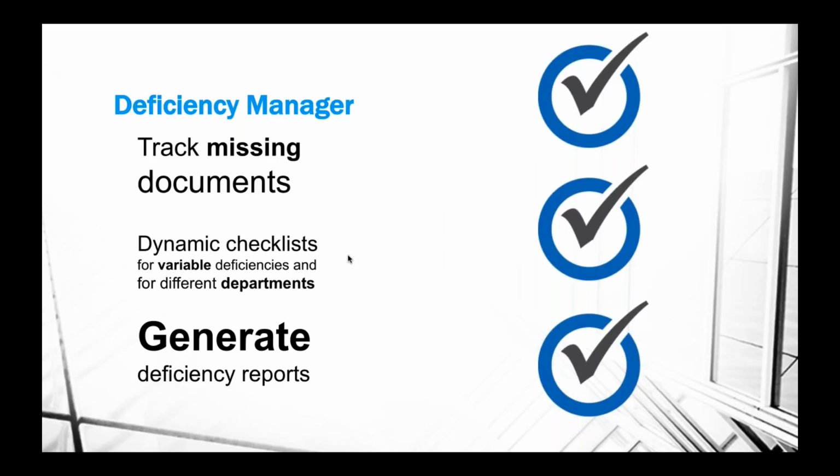Just like you would export a result list to CSV in the web client, you can do a deficiency list in the Deficiency Manager now, and that, of course, can be shared with other users so that they can get a master list of everything that's deficient. So very cool additional features that have been added to the Deficiency Manager to enhance the value that it can bring to an organization.